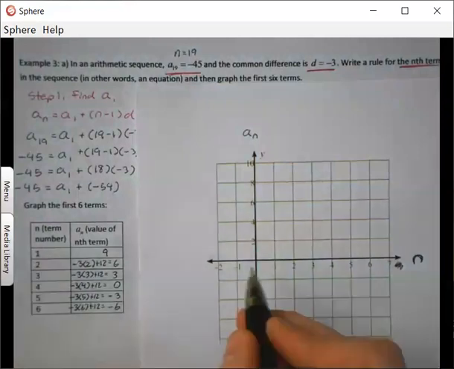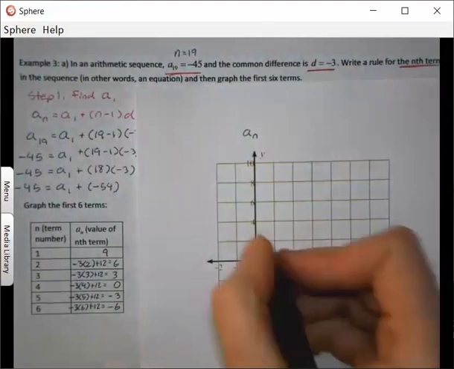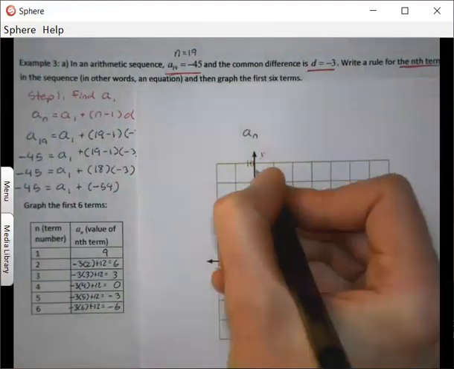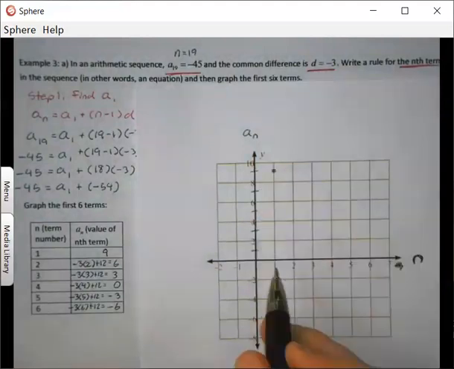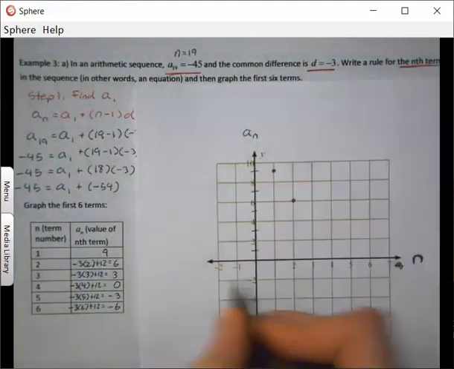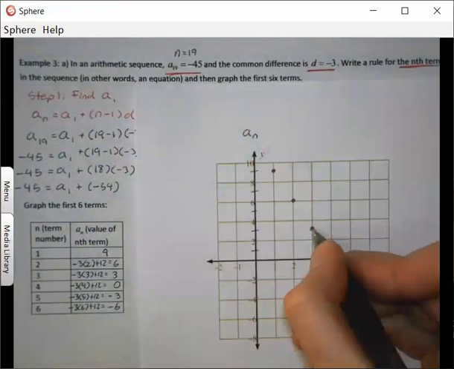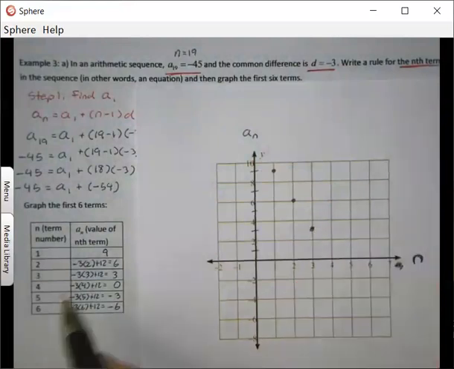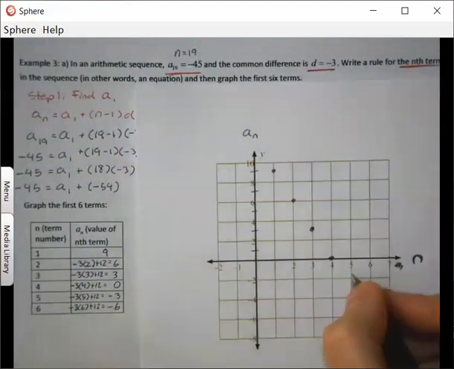So over 1, up 9, over 2, up 6, 3, 3, 4, 0, 5, minus 3, 6, minus 6.